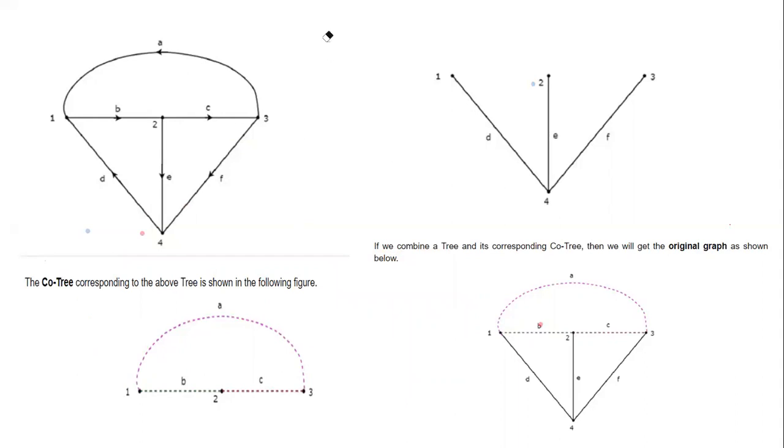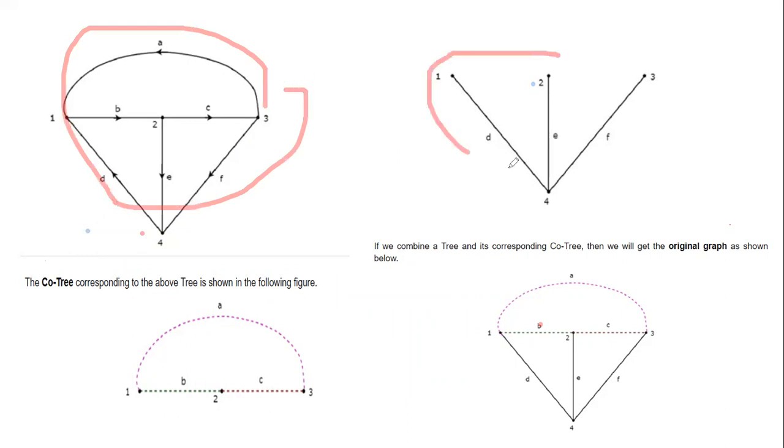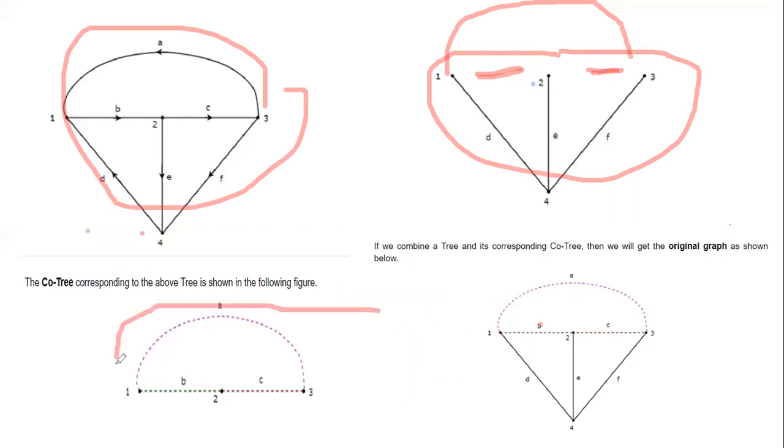Like you have this one graph, this is the tree, this can be a tree for the graph. So I removed which branches? I removed B, I removed C, and I removed A. So those branches which have been removed will form a co-tree.